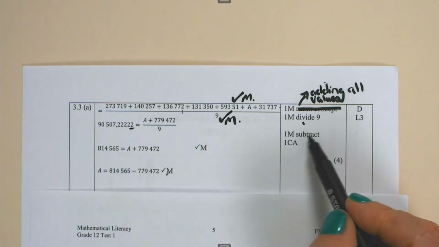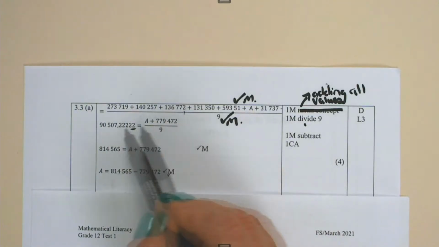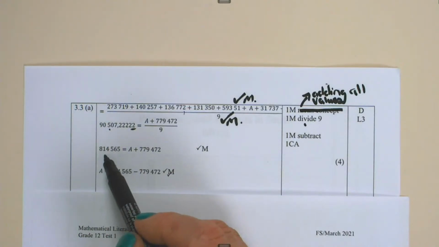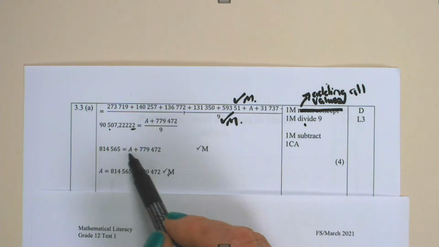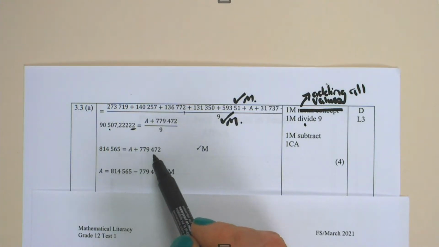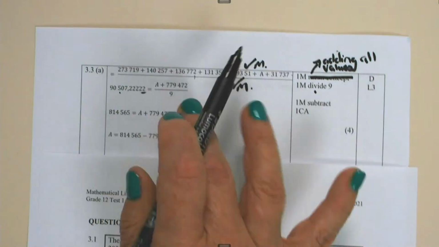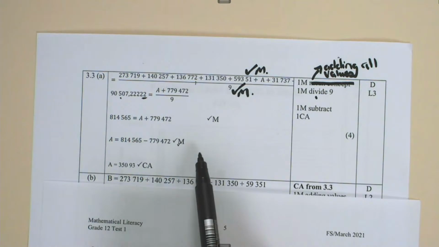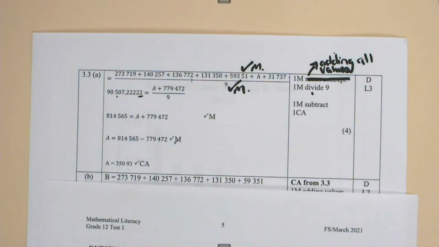Now we are going to change the subject of the formula. I'm going to multiply on this side with 9 to find 814,565, and I will be left with A plus 779,472. So to get the value of A, I must subtract the value of 779,472, and the value of A will be 350,093.